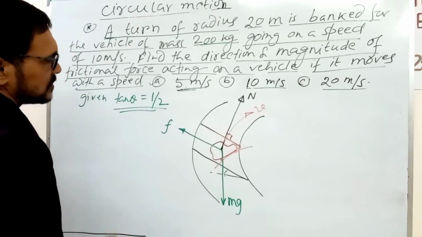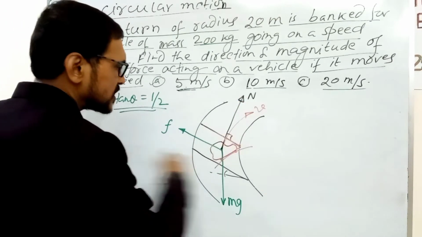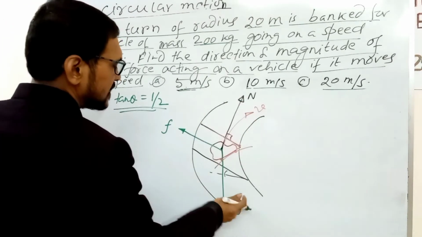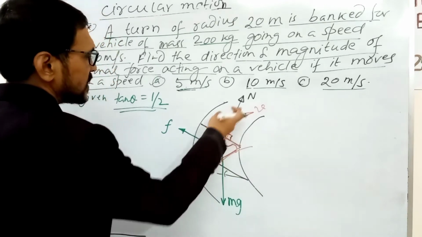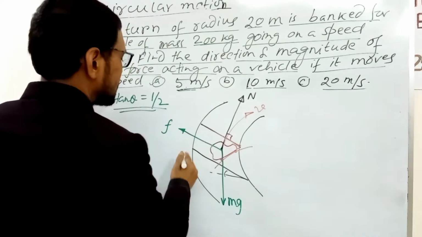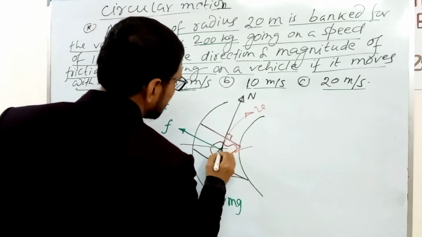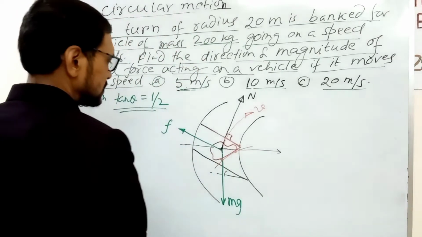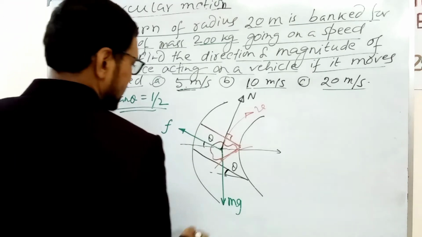Now remember, resolve this and this along horizontal and vertical. Weight is vertical, so resolving mg is not required. So resolve n and f along horizontal and vertical. This angle is theta, this angle is theta.